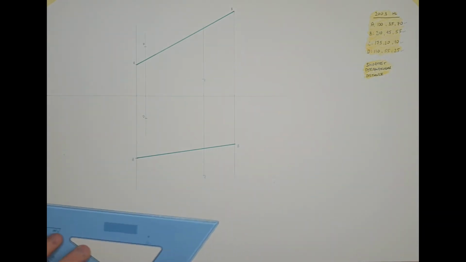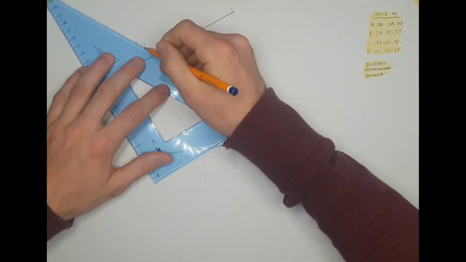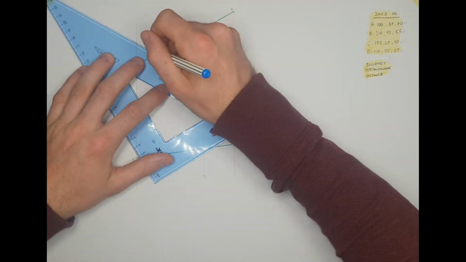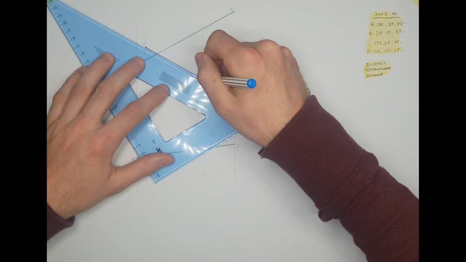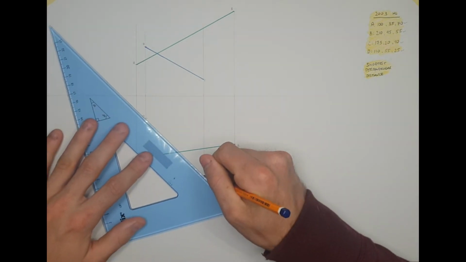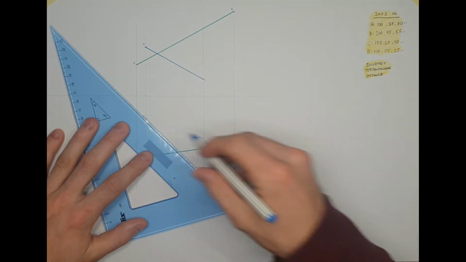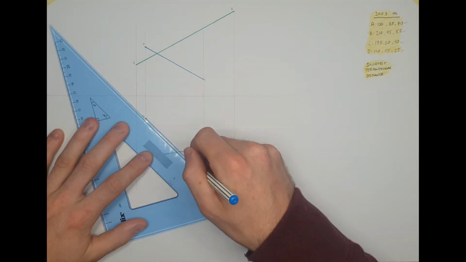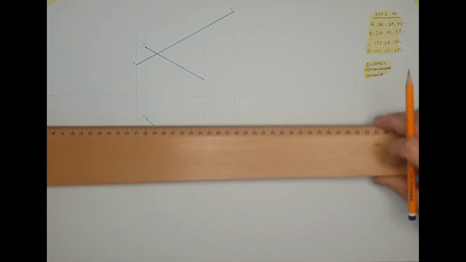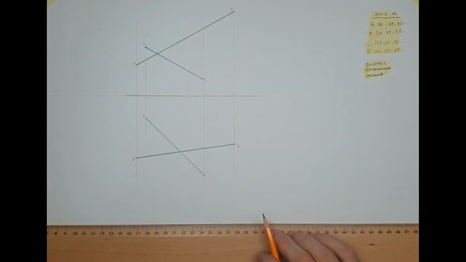And then we have C to D here in the elevation in blue, and similarly in plan C to D here in blue. So that's my skew lines set up using my coordinates. Just going to heavy in the XY line there over that section.